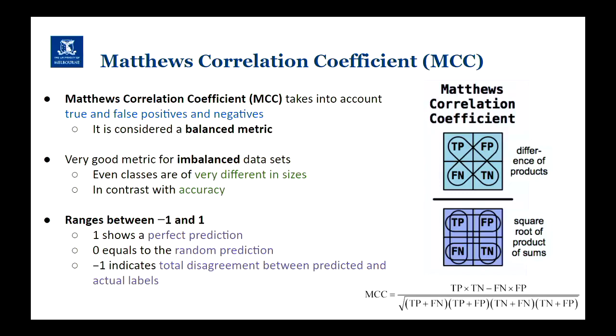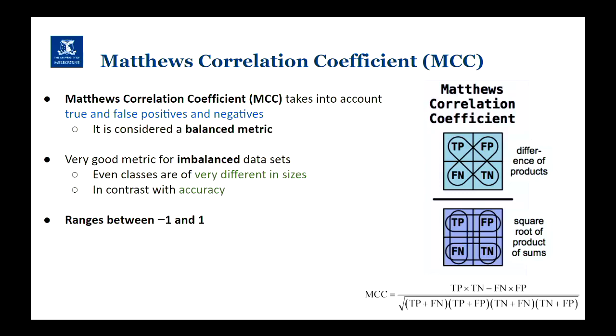Yeah? Are all these only good for binary classification? You can calculate most of them for multi-class classification as well. So what you can do, for instance, with precision and recall, you can calculate the precision per class, the recall per class.